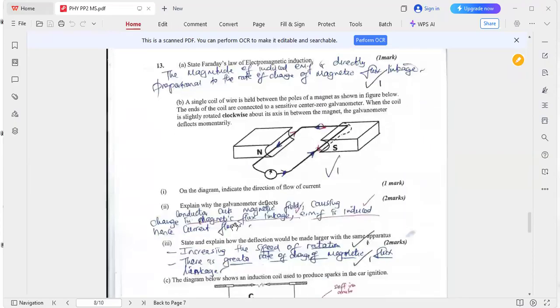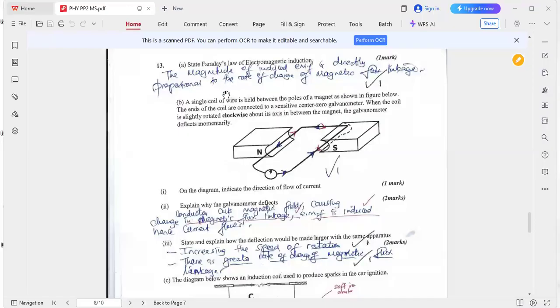Question 13. State Faraday's law of electromagnetic induction. Of course, this Faraday's law summarizes the factors affecting the magnitude of induced EMF in electromagnetic induction. So the magnitude of induced EMF is directly proportional to the rate of change of magnetic flux linkage.